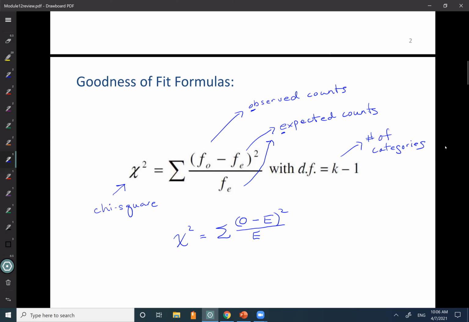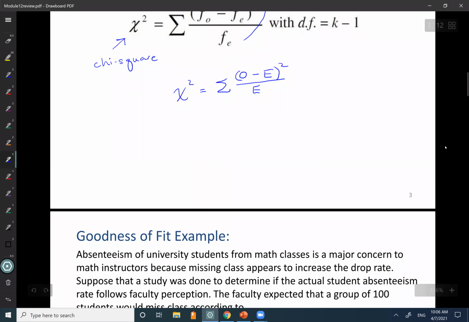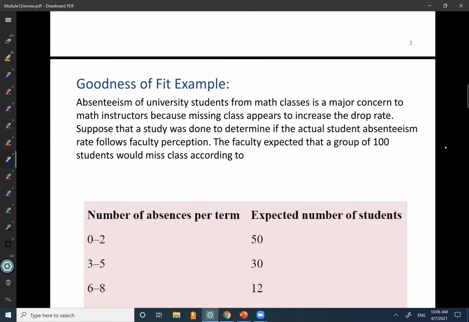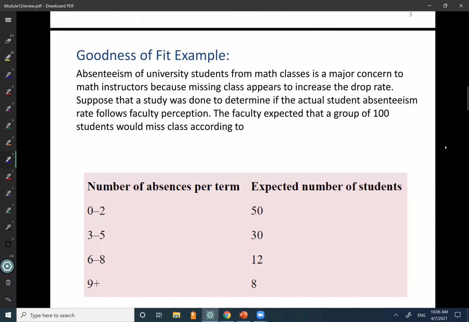Now, what are these observed and expected values? Well, let's look at an example. We'll see what they mean by observed and expected, and what it means by goodness of fit. We have this categorical data showing the absenteeism for students. Absenteeism of university students from math classes is a major concern to math instructors because missing class appears to increase the drop rate.